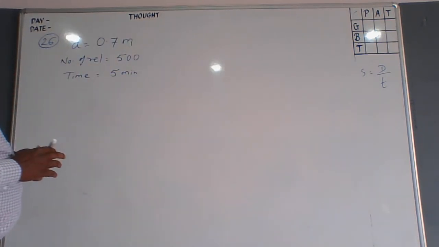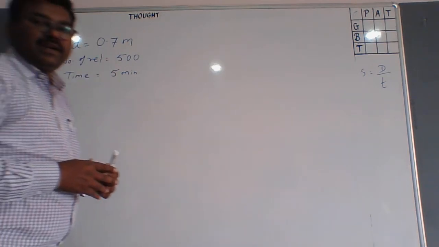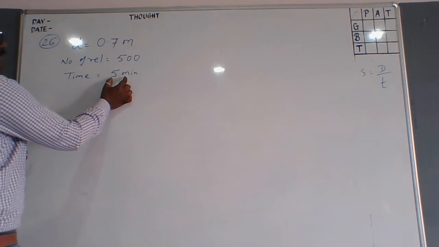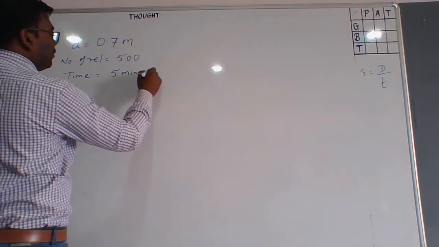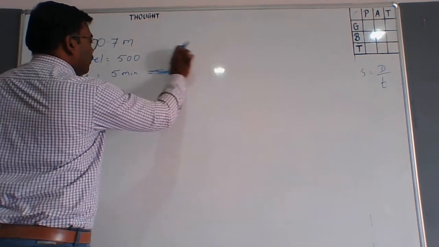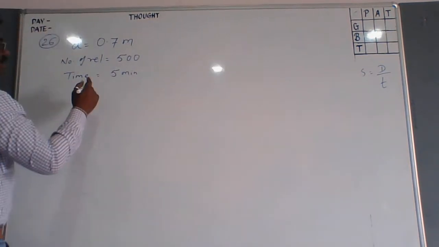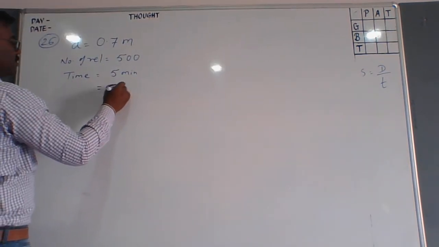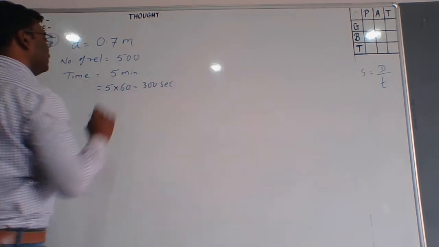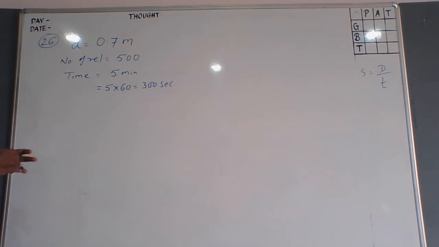The first part of the question is to find the speed in meter per second. So let us convert this 5 minutes into seconds by multiplying by 60. 5 into 60 is 300 seconds. Now the diameter is 0.6 meter.